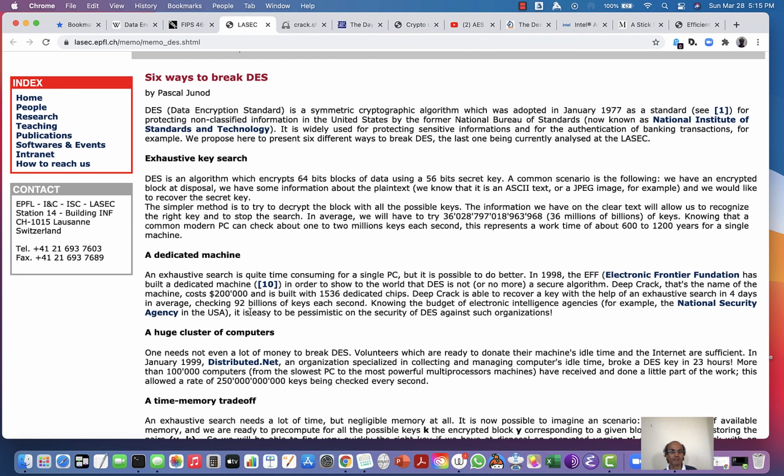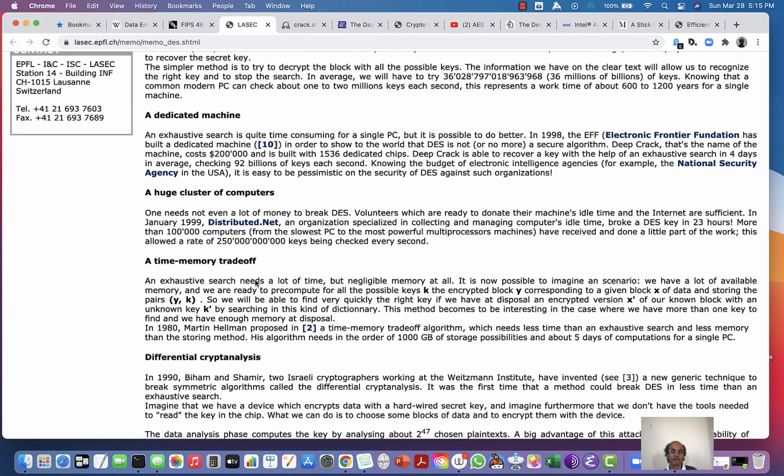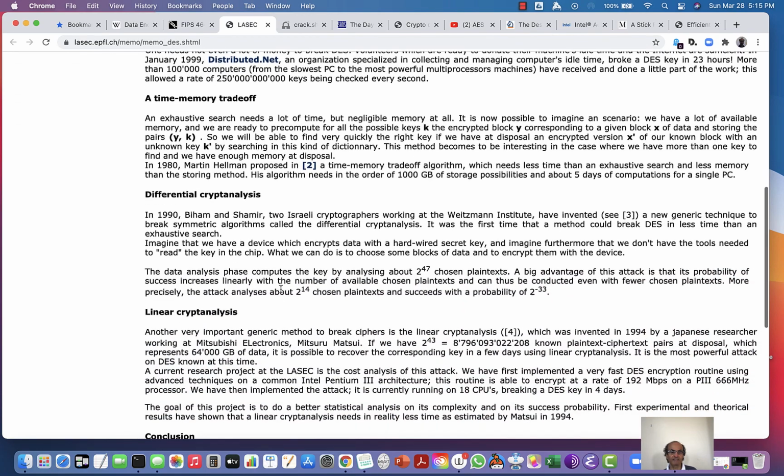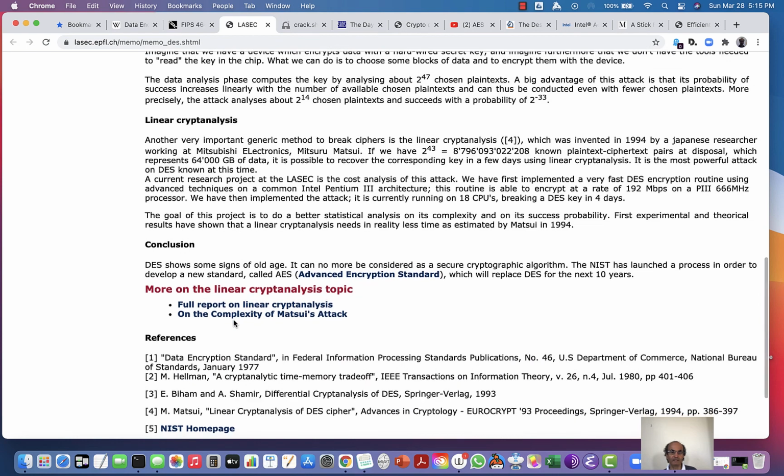And it checks about 92 billion keys per second. They compare that to the distributed net type approaches, which use clusters of computers and see how many keys they can check. They look into other kinds of aspects. They discuss differential and linear cryptanalysis and get more into their concrete complexity.